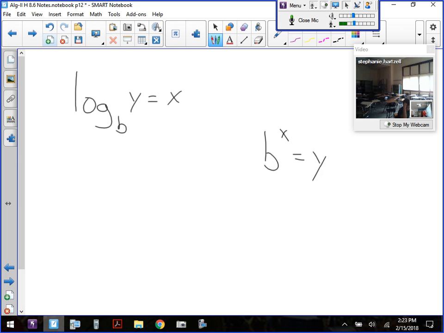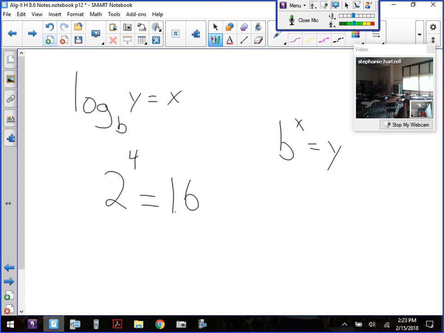If I want to write that in log form, what would it look like? Log base 2 of 16 is 4. Good. That's about as complex as you can get without calculators, because everything else is solve for x, or finding those weird values on the calculator via tables.